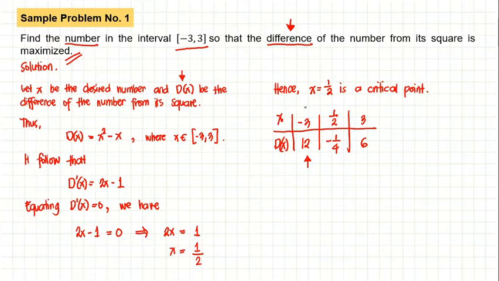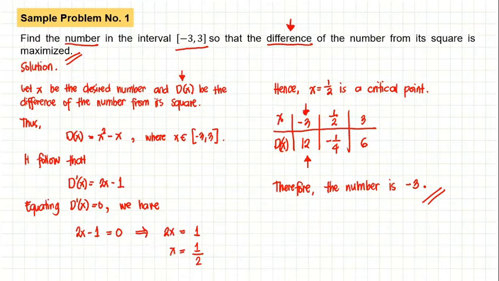That is negative 3. Therefore, our final answer is, therefore the number is negative 3. And that ends our solution. Okay? So that is for sample problem number 1.